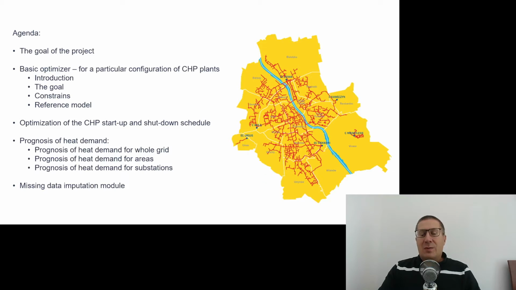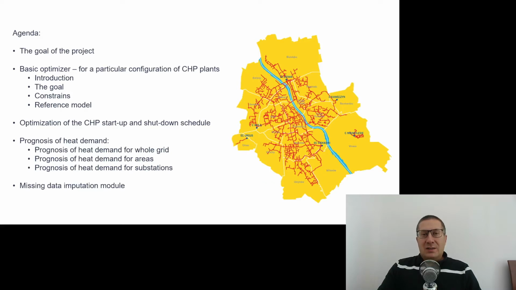Then I will mention the optimizer that schedules the operation of the CHP plant. And in the end, I would like to present the algorithm that predicts the heat demand and the algorithm that computes or estimates missing values of crucial parameters that are needed for the algorithm.